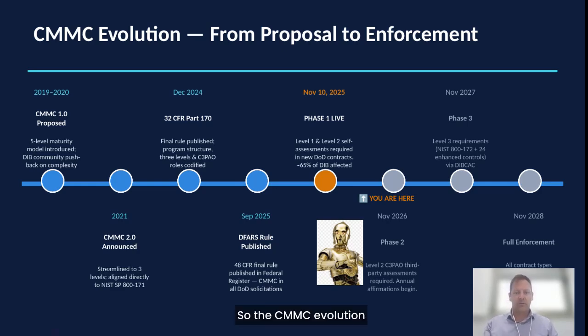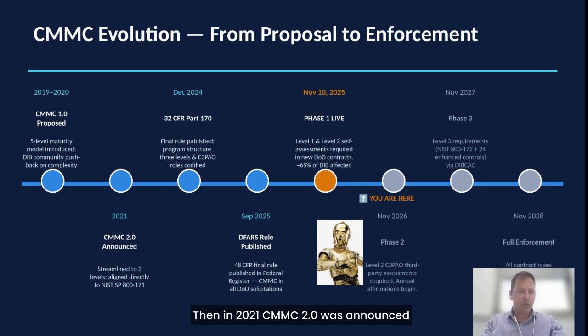So the CMMC evolution over the past few years, as we can see, this whole concept of CMMC was proposed in 2019 to 2020 with 5 maturity levels, but back then there was a big pushback from the community stating that this whole topic is less relevant or not as clear as it should be, and a little bit too challenging to deal with.